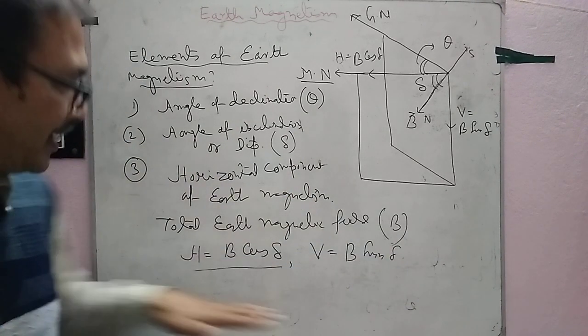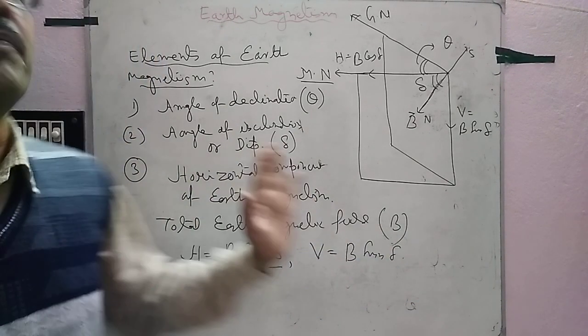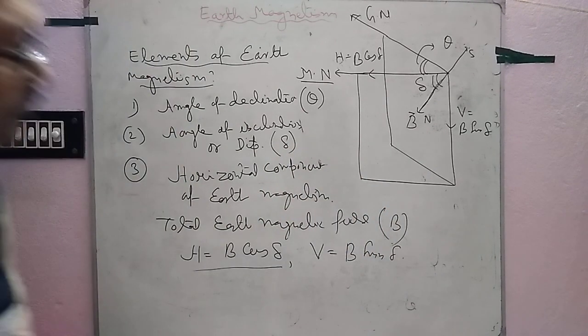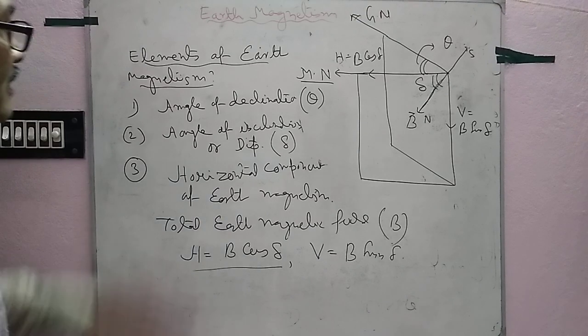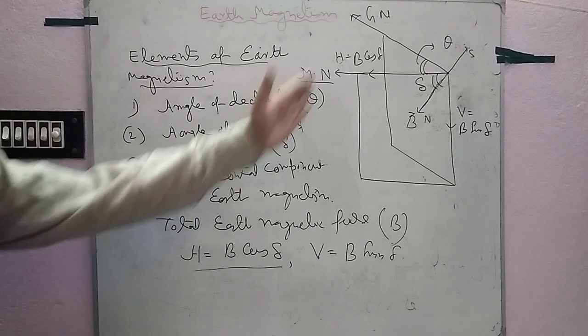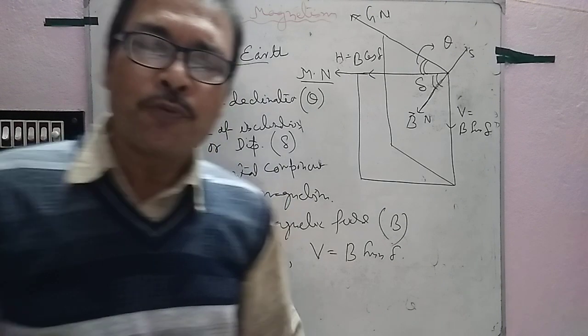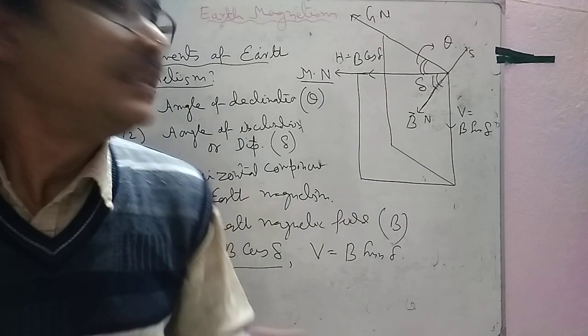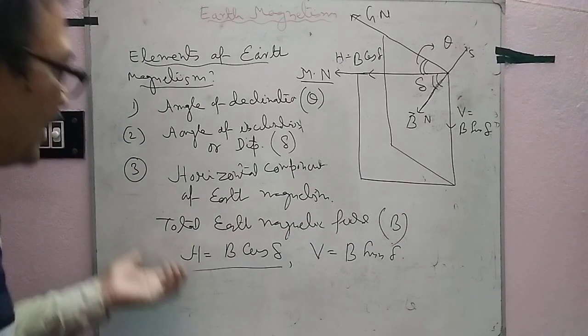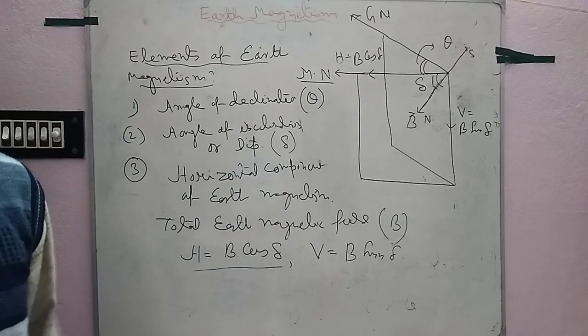So they move in the horizontal plane. That is why the horizontal component is very important. Follow? So what is the horizontal component of earth magnetic field? If the total earth magnetic field at any place in the magnetic meridian is resolved into 2 components, then the horizontal component is called the horizontal component of earth magnetic field. Clear?